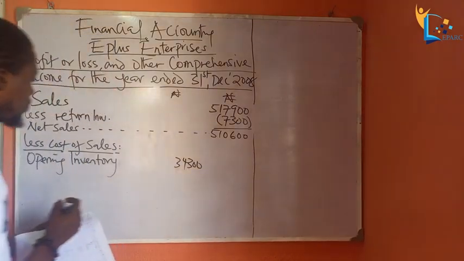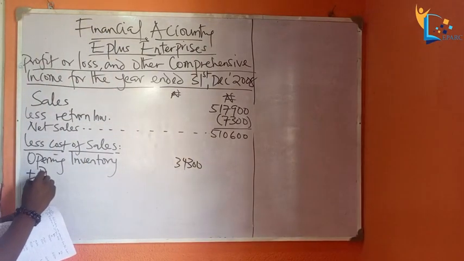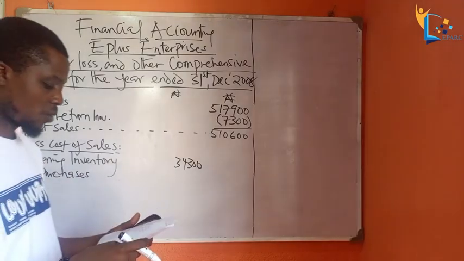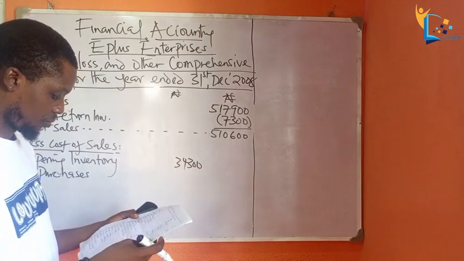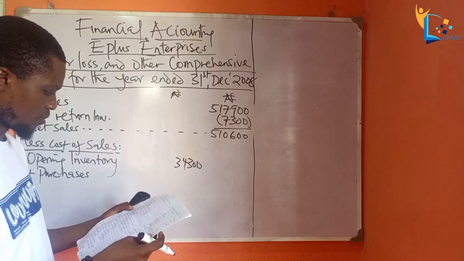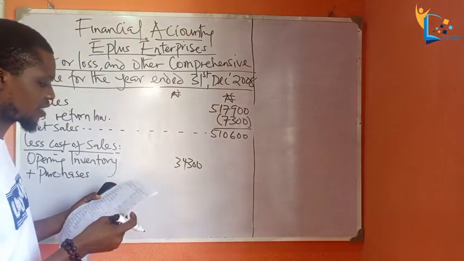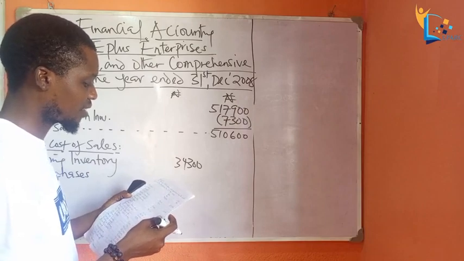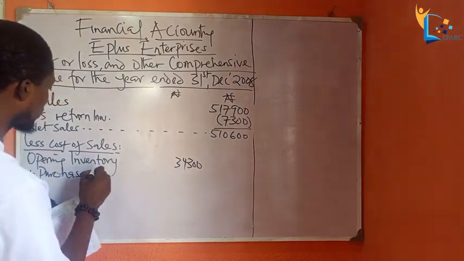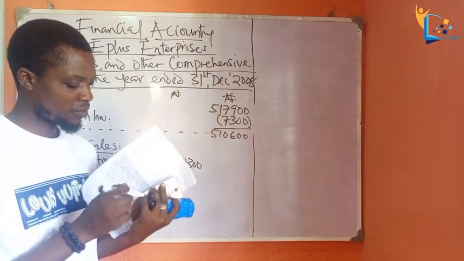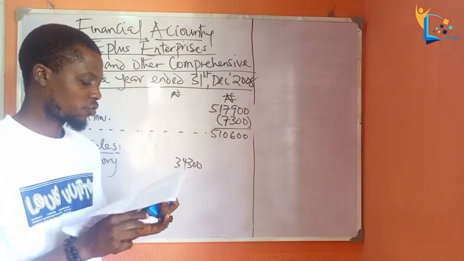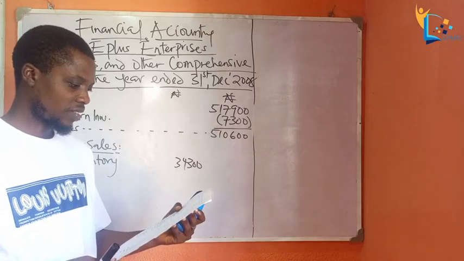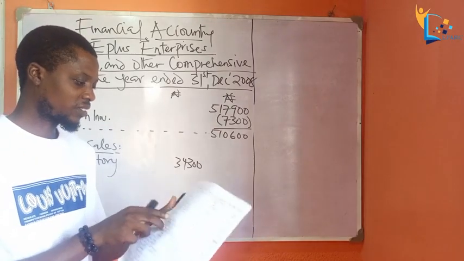Okay, so we add purchases. Our purchases here are 368,400. Now let's see if we have drawings. Okay, we have drawings in the trial balance.